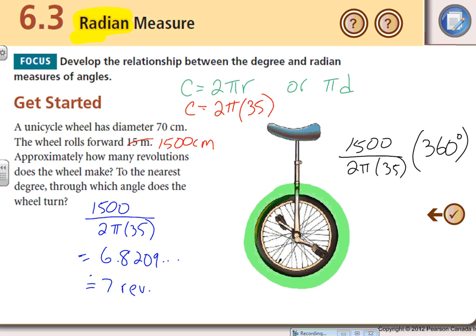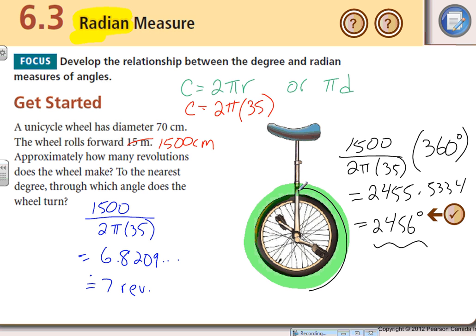That will give me how many times it goes around, 6.8 times 360. Punch that into our calculator. It gives us 2,455.5334 degrees, so approximately 2,456 degrees. And that's how many times it goes around and around.